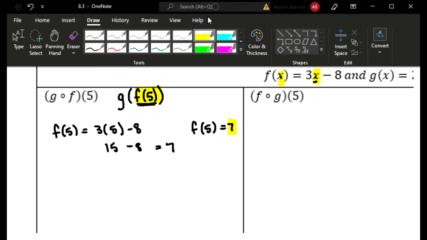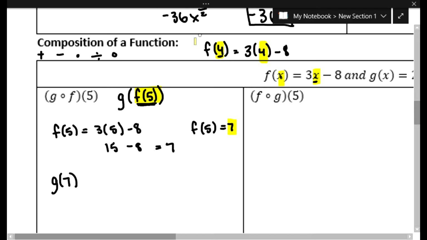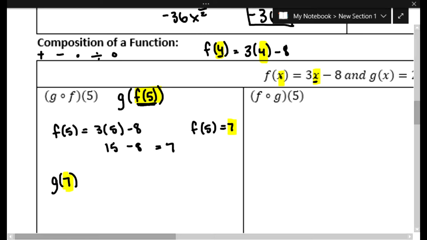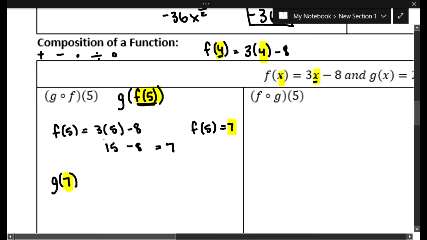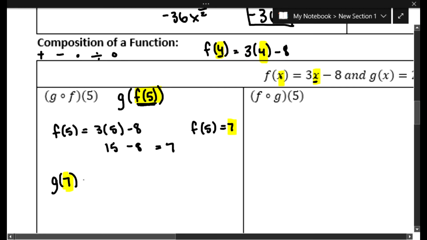So instead of f of 5, I know it's 7. So now I'm going to do g of 7. I'm substituting in that 7 and finding g of 7. The g function was 2x squared, so it's equal to 2 times 7 squared, because wherever I saw an x, I'm going to put in 7.